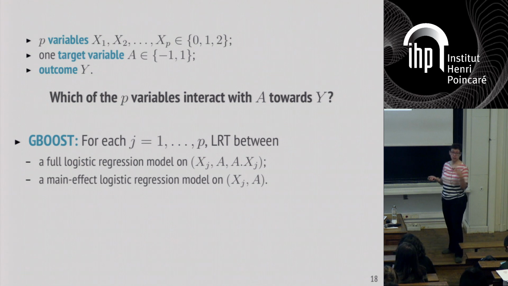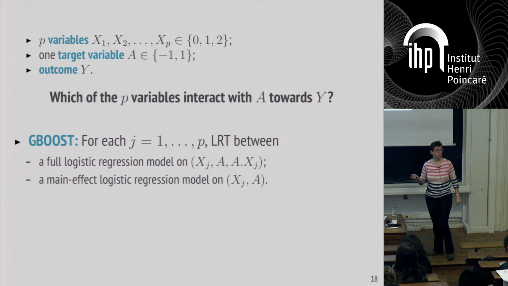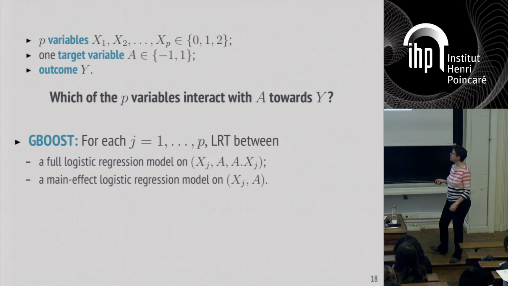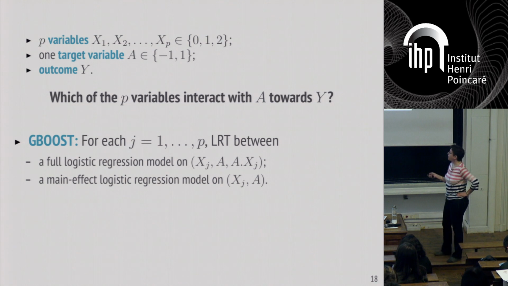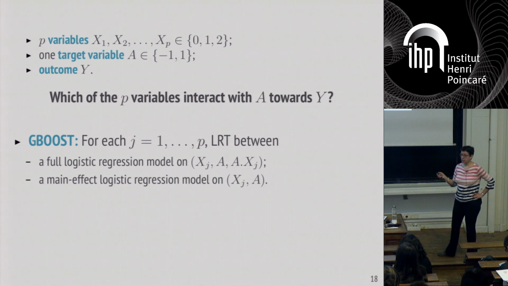I was talking about the exhaustive approach. There are existing tools for it. One of them is called GBoost, from 2010, 2011, something like that. The idea is they do the exhaustive search in a simple way. In our case, we will not do an exhaustive search.